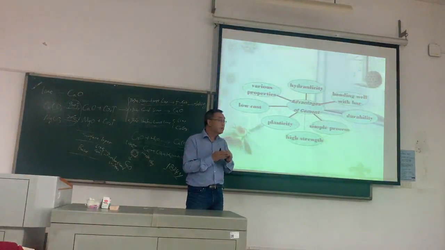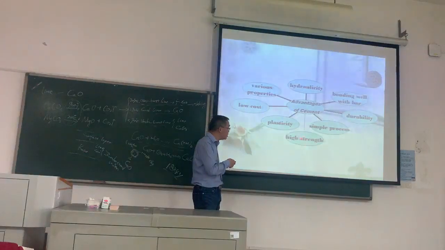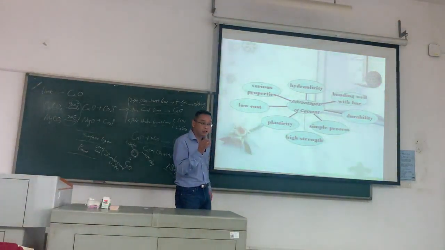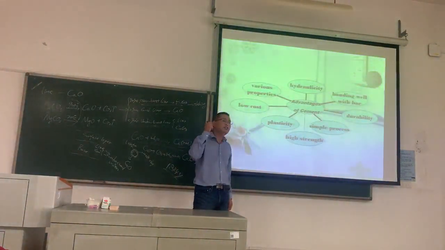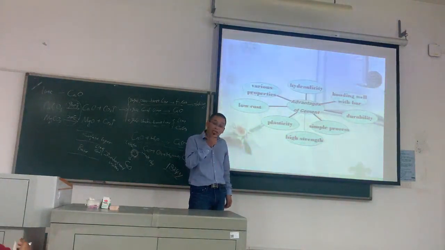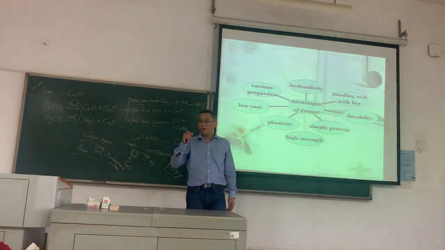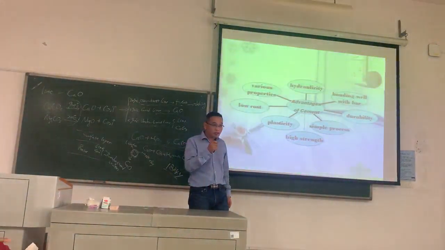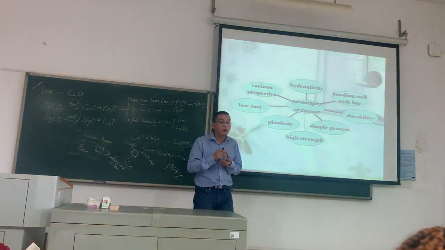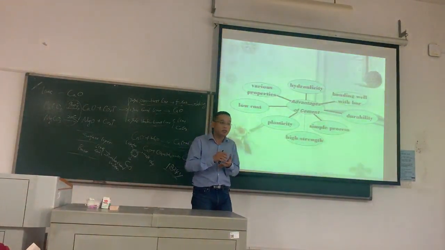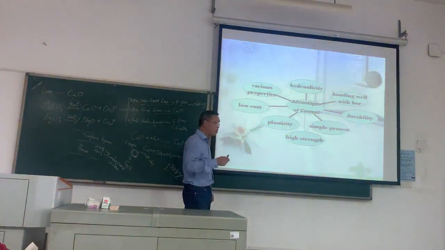But for the cement, if I tell you the strength is very high, what kind of strength does it refer to? Compressive strength. The compressive strength of the cement is very high, but the tension strength is very limited. So the high strength refers to the compressive strength.